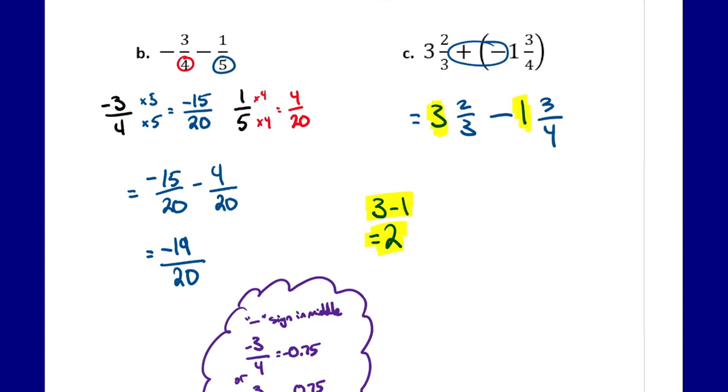And then I'm going to next deal with just the fractions. So 2 over 3 minus 3 over 4. It's still going to be subtraction. I'm still subtracting. I need to get a common denominator. So I'm going to take the 2/3, multiply everything by 4.